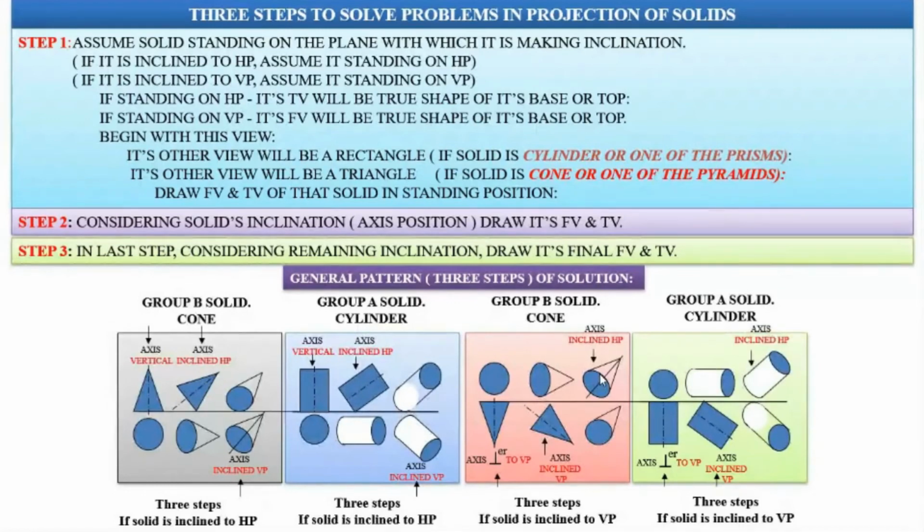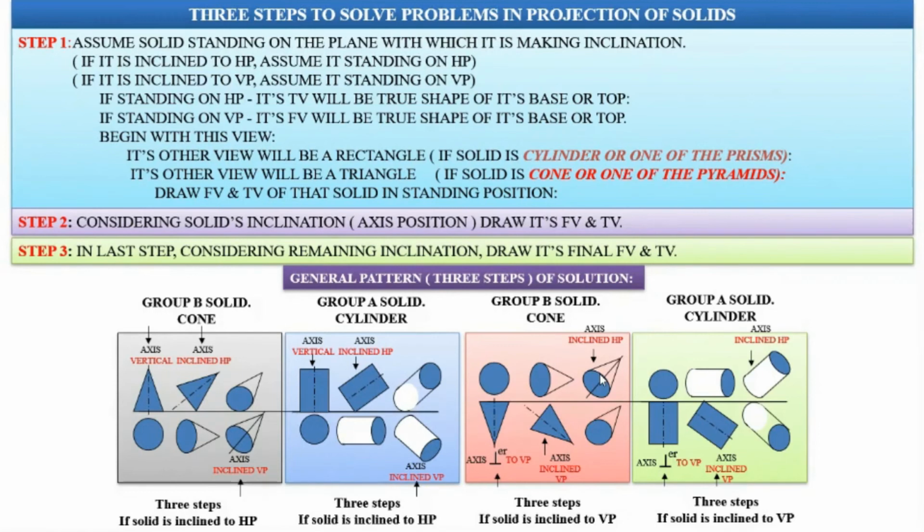When the object is standing on HP, first we draw the top view, and when it is standing on VP, first we draw its front view. Why is it so? Because when the object is standing on VP, the front view will give you the true shape of the object.